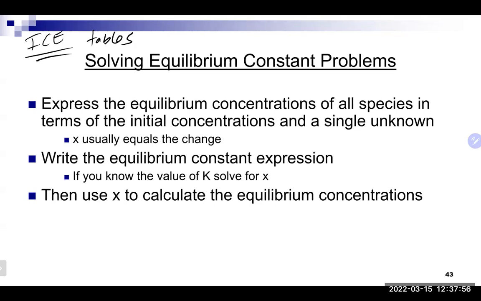Whenever we're given the initial concentrations and we want to figure out what's going to happen to the concentrations of everybody when they reach equilibrium, we use an ice table, and ICE stands for initial, change, and E is equilibrium.